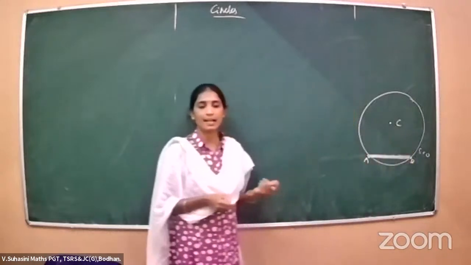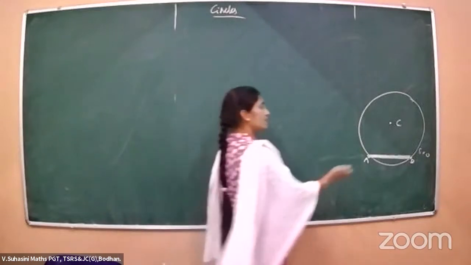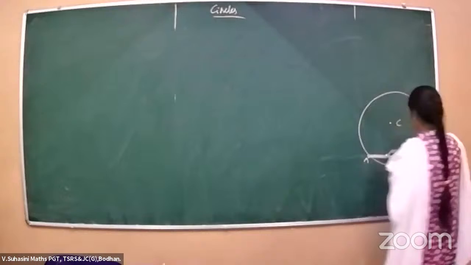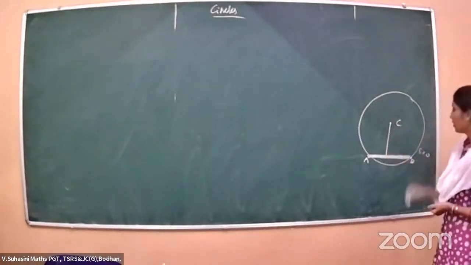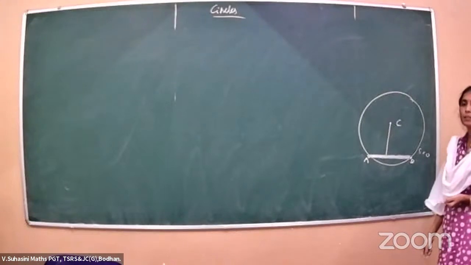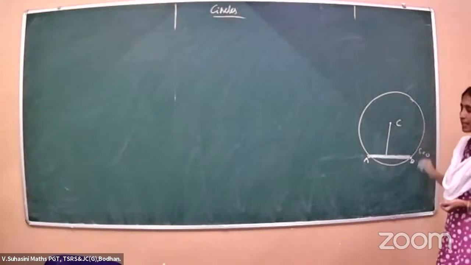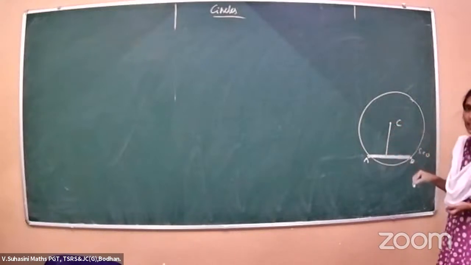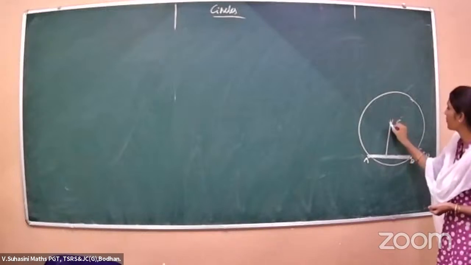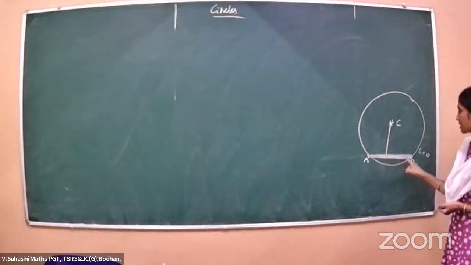How much is this length? This length can be calculated by drawing the perpendicular from the center onto the chord. We know the theorem from our school classes, in geometry, in the chapter circles, that any perpendicular drawn from the center of the circle onto the chord bisects the chord.